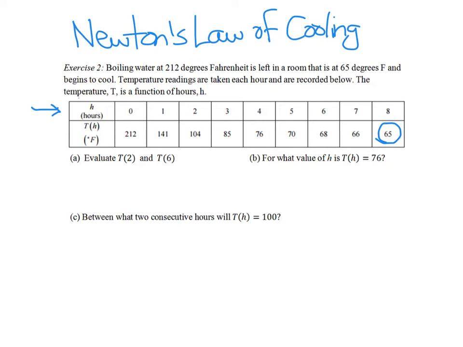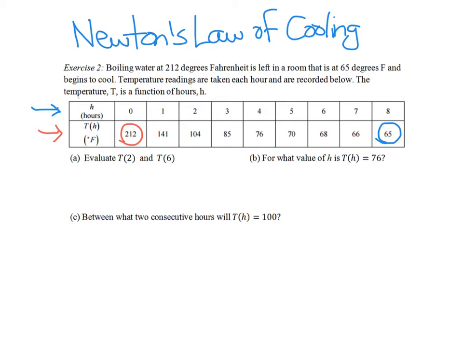Now the T of H column, actually I guess it's a row this time, is our dependent variable. Our temperature is going to depend on how long we've left the water sitting out on the counter. So when we first take it off the stove, we see that it's at its boiling temperature of 212 degrees. So after 1 hour, the temperature is 141 degrees. After 2 hours, it's 104 degrees.